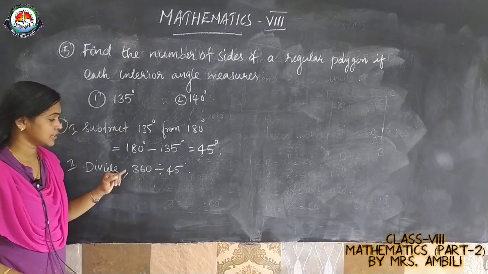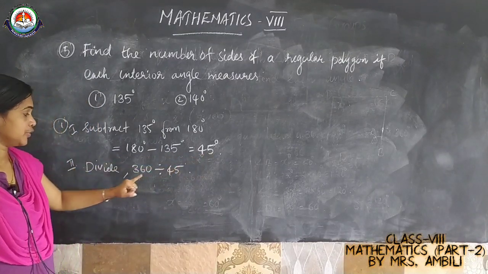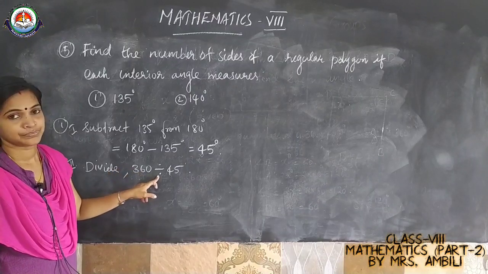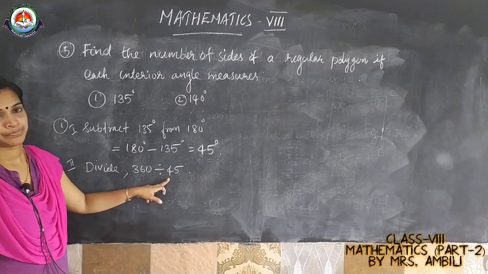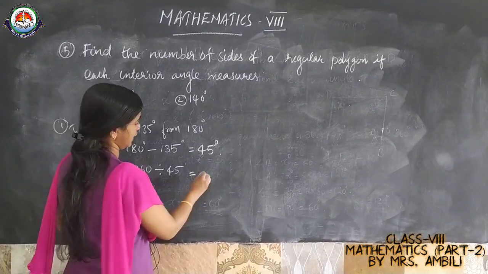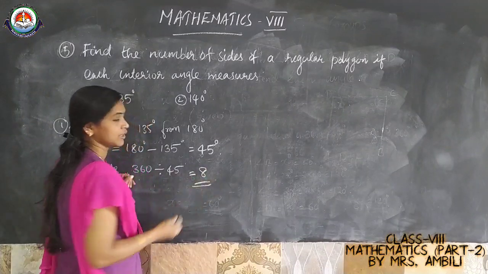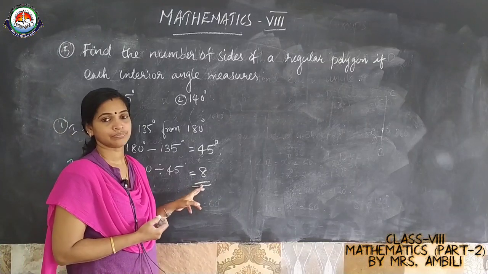So after getting this 45 degree, you need to divide 360 by 45. So what is 360 divided by 45? How much you will get? 8. 360 divided by 45 you will get 8.